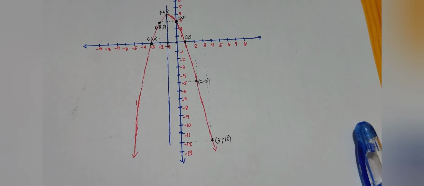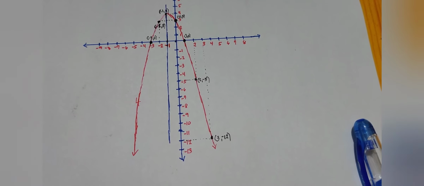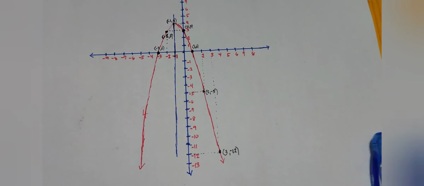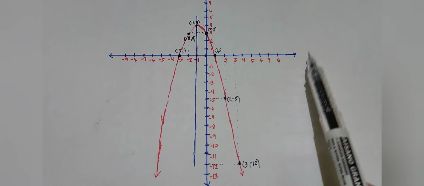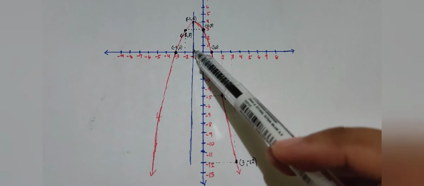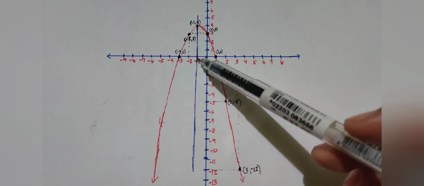So, diba ang sinabi ko kanina, ang value ng h is ang number na dadaanan ng axis of symmetry sa x-axis. Okay, so diba ito yung x-axis, right? Then this one is the axis of symmetry. So sa axis of symmetry, nadaanan niya yung negative 1.